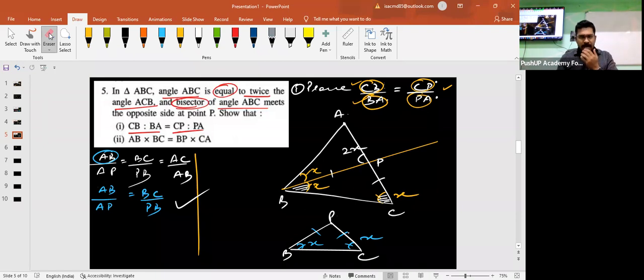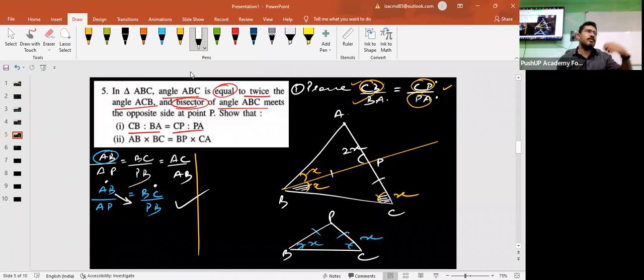Now, they want BC upon BA. Here BC is a line and here AB is a line. So if I want BC upon AB, what should I be doing? I should be shifting this AB from the left to the right hand side denominator, right? So where will this PB go? PB will go from the right to the left hand side numerator, isn't it? So it becomes PB upon AP is equal to BC upon AB.